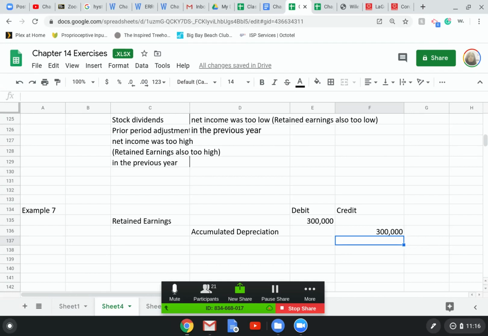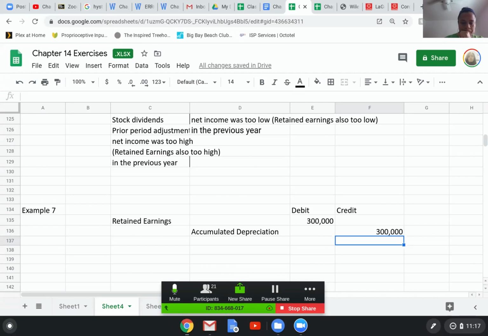Is it always accumulated depreciation? If it's an error in depreciation, right, then it would be accumulated depreciation. If it's some other error to do with an expense, then you would have to see what was the other side of the journal entry.